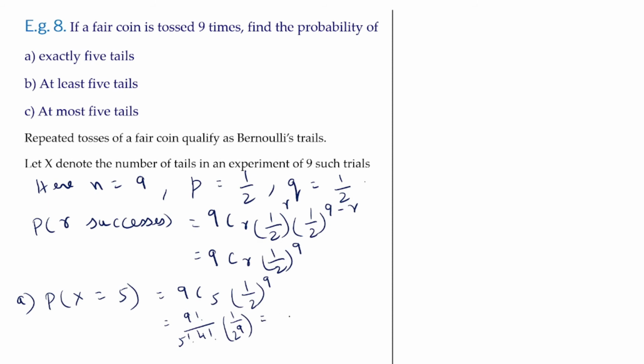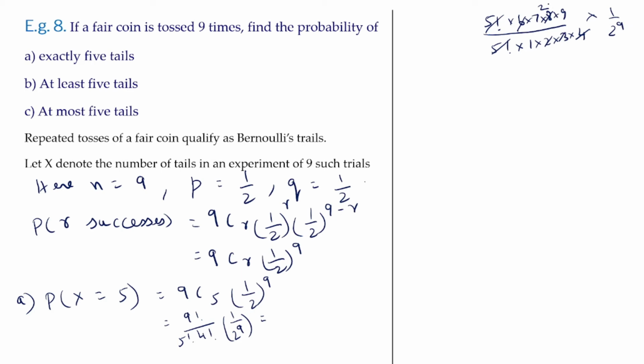So this is equal to, here we can see that 9 factorial by 5 factorial into 4 factorial. 9 factorial we can write as 5 factorial into 6 into 7 into 8 into 9 upon 5 factorial into 4 factorial, which is 1 into 2 into 3 into 4. So these two will go and this we can simplify. And here we have into 1 by 2 raised to 9.